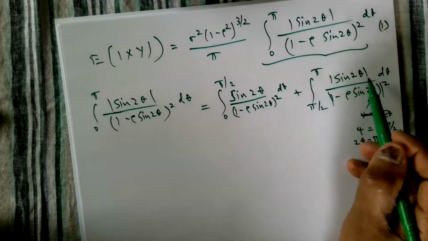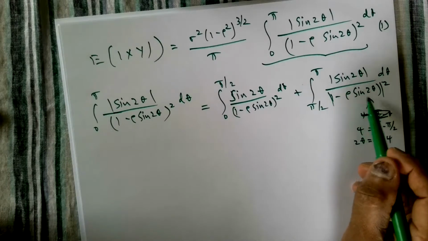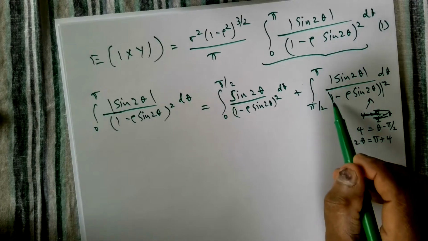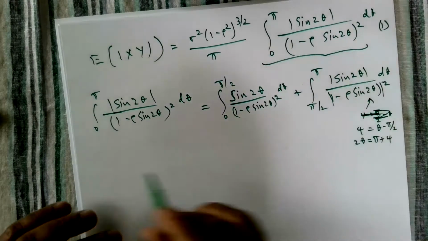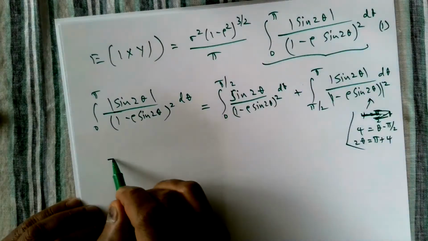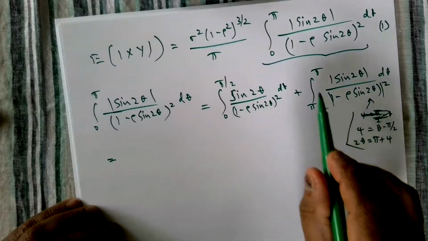So this will become sine 2 phi, and this will become minus sine 2 phi, and so this will become plus. So d theta is d phi. And if I change it back to theta, the limits are 0 to pi by 2.